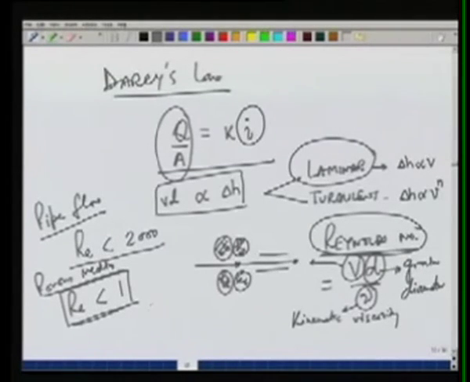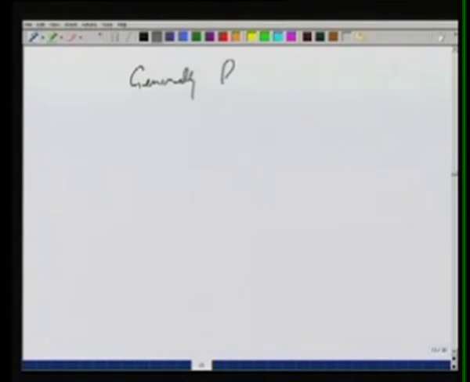So the applicability of Darcy's law typically will be limited to small velocities. In general, groundwater flow has a very small velocity. So generally Re is less than 1, and therefore Darcy's law will be applicable. But in some cases, Darcy's law will not be applicable.